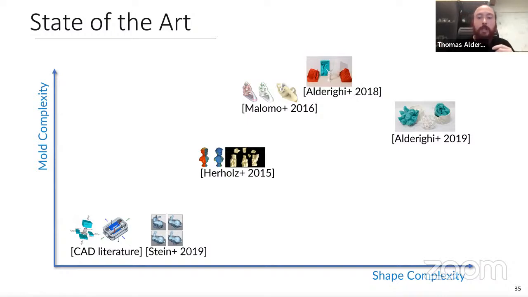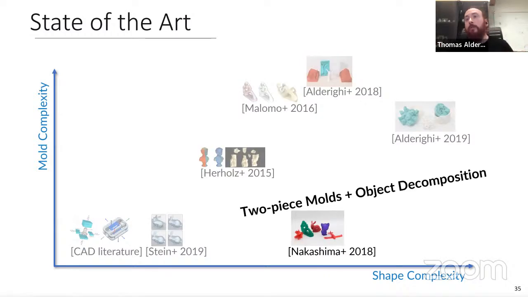With this method, instead, the idea was to invert this trend and follow the road started by Nakashima et al. in 2018 with Core-Cavity, a user-driven object decomposition method for two-piece mold generation. Instead, with this method, we provide a fully automatic pipeline for the generation of two-piece molds based on object decomposition.